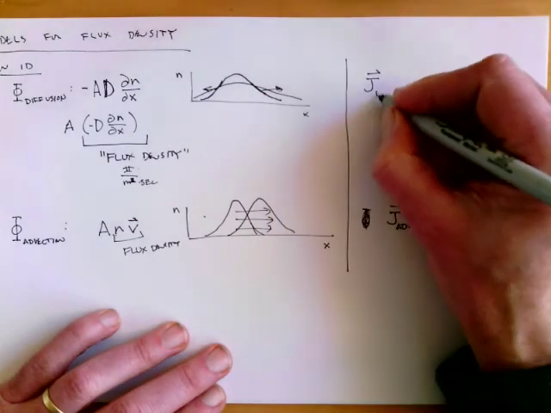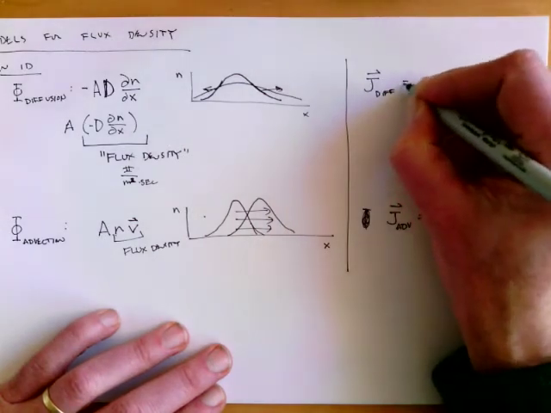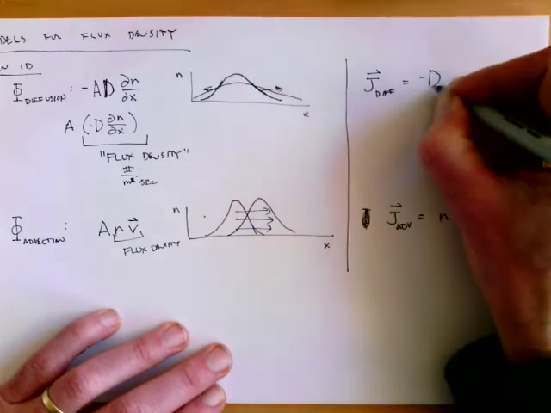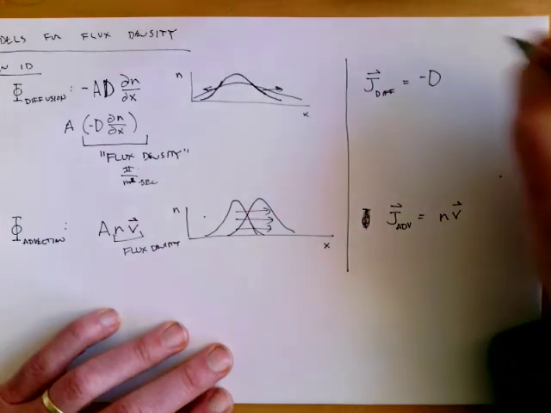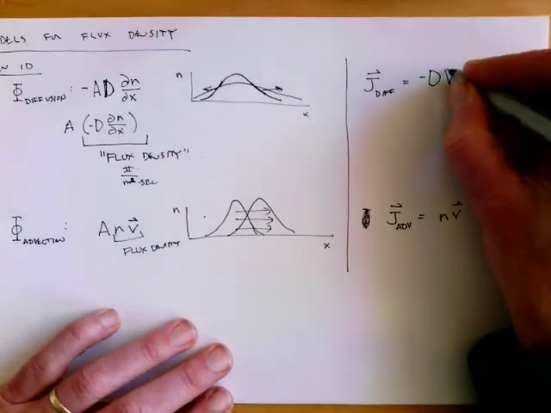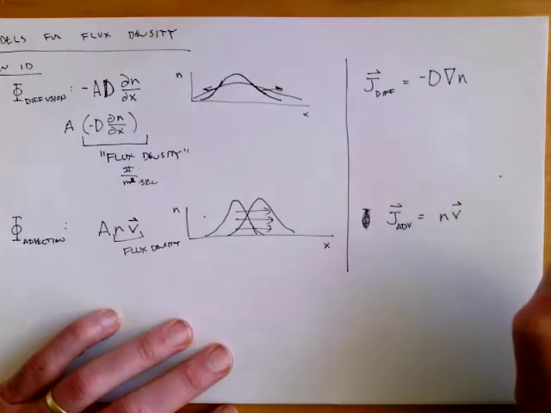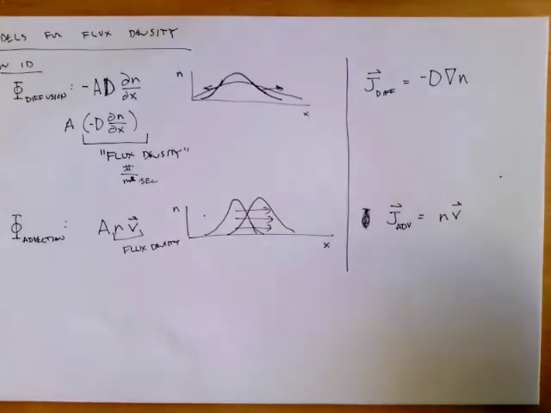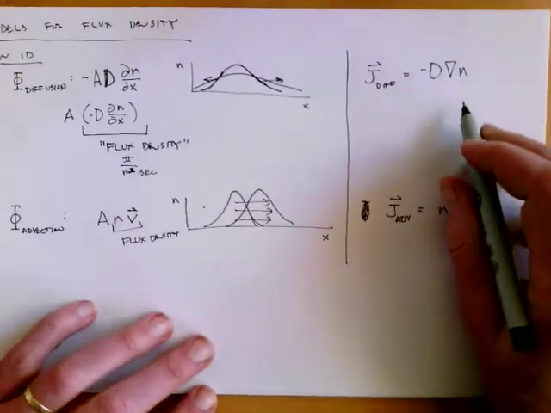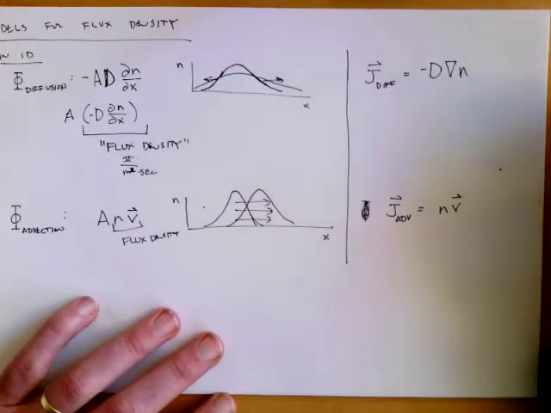The diffusive flux density is again minus a diffusion constant, but times the gradient of whatever that concentration, that particle density, or that physical quantity is. And that requires a little bit more thought.